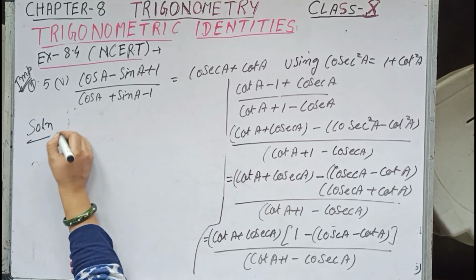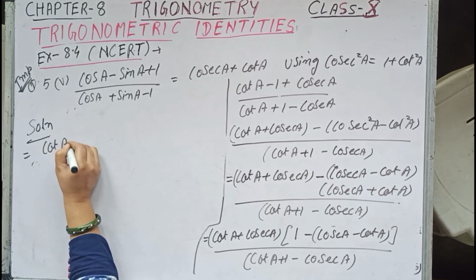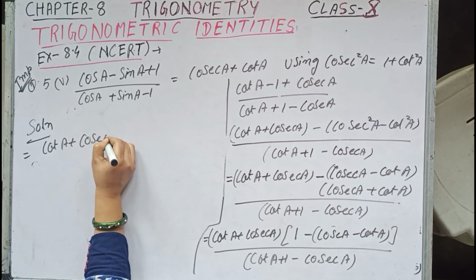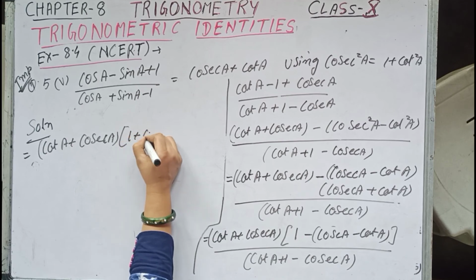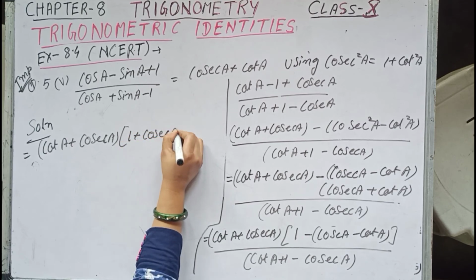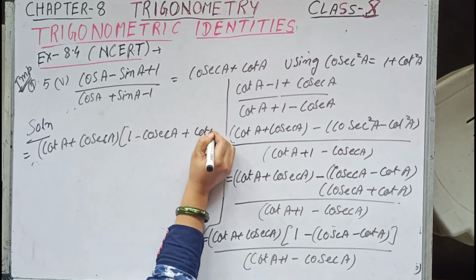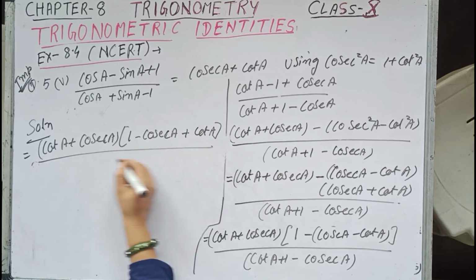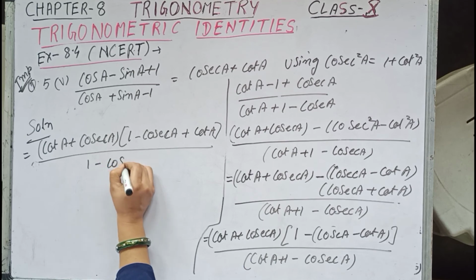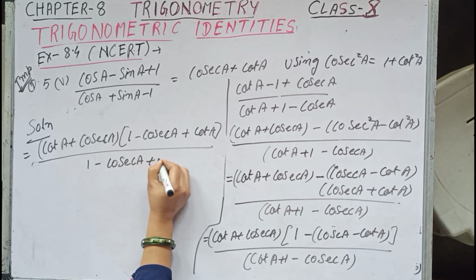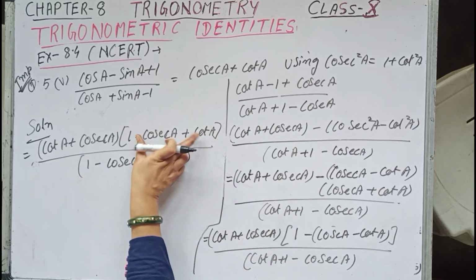So this will be equals to cot A plus cosec A, and let us open the bracket: 1 minus cosec A plus cot A, divided by the same thing, 1 minus cosec A plus cot A. No change, same thing I have written, just this numerator I have arranged in this form.